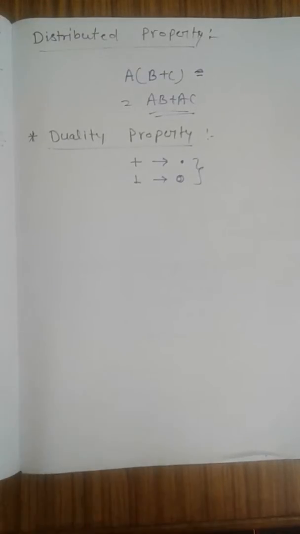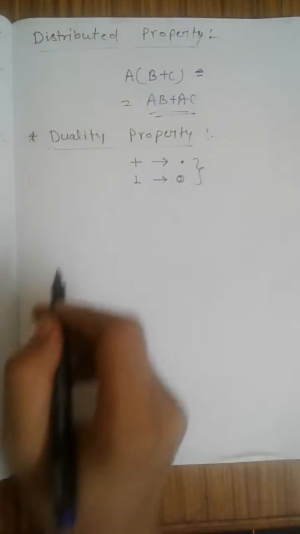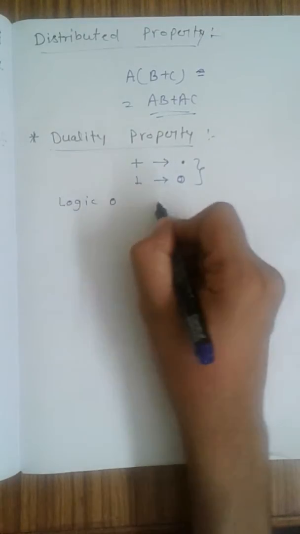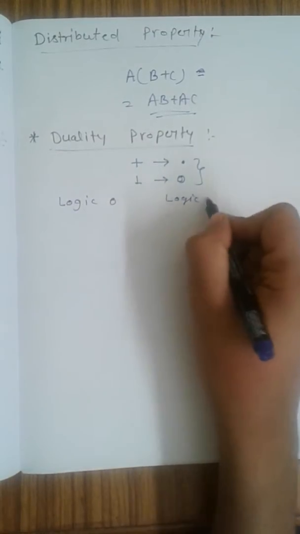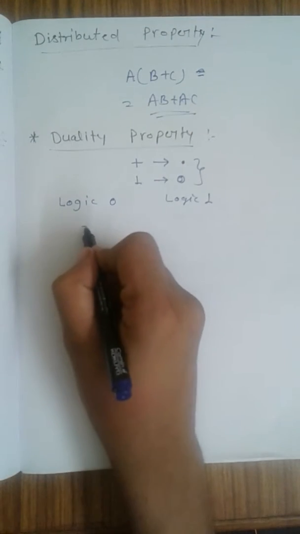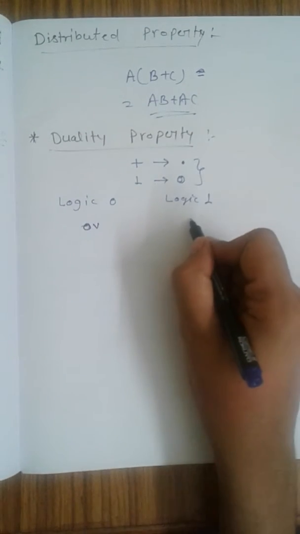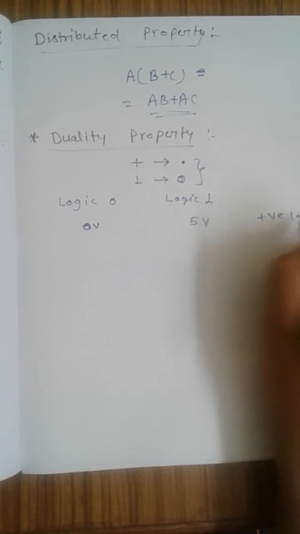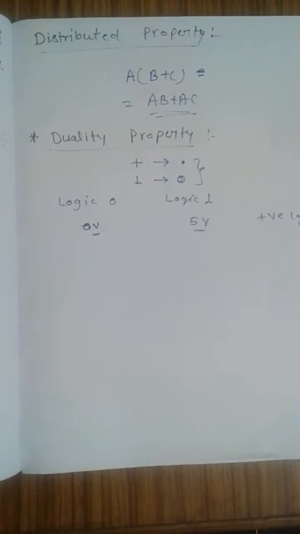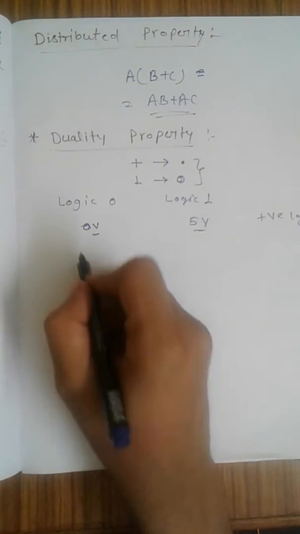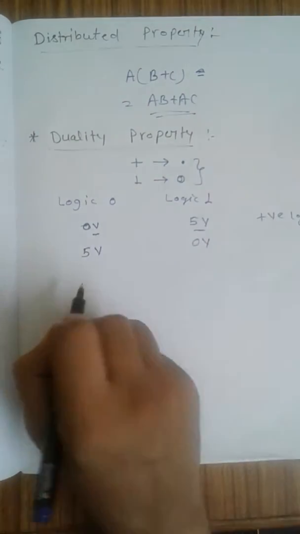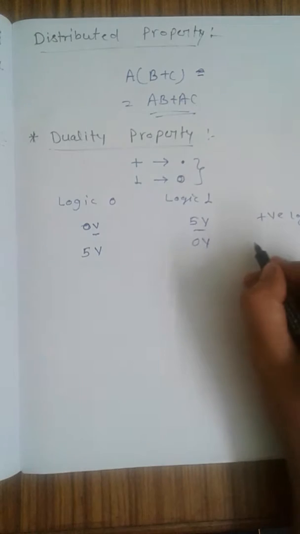So I will introduce what positive logic and negative logic mean. Suppose this is logic 0. We represent some voltage level for 0 and some voltage level for 1. Suppose 0 is represented by 0 volt and 1 is represented by 5 volt. Then it will be positive logic. Why? Because 1 is greater than 0. And if we just reverse it, so 5 volt for 0 and 0 volt for 1, this will be negative logic.